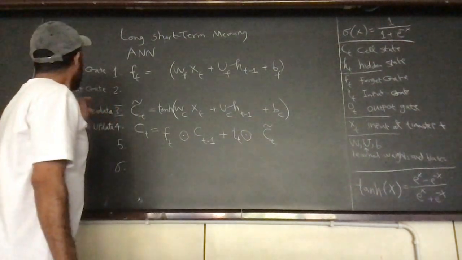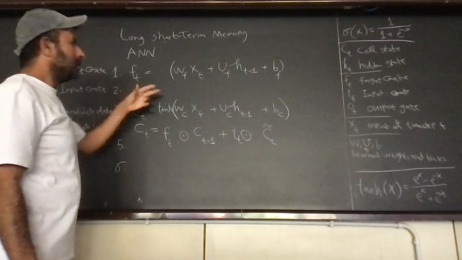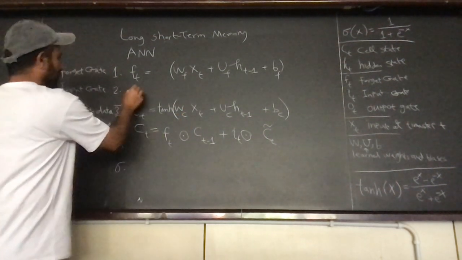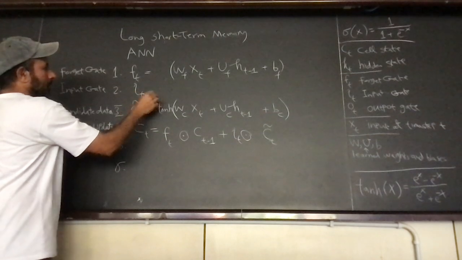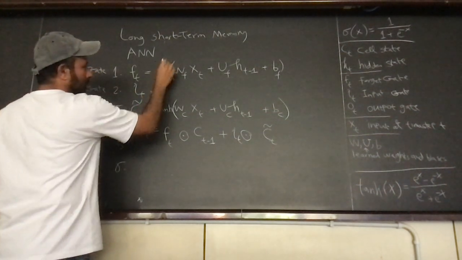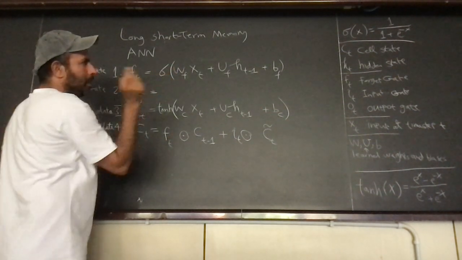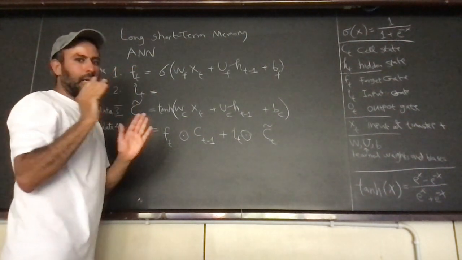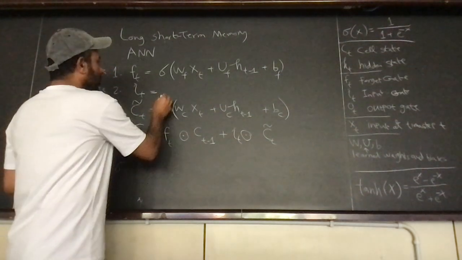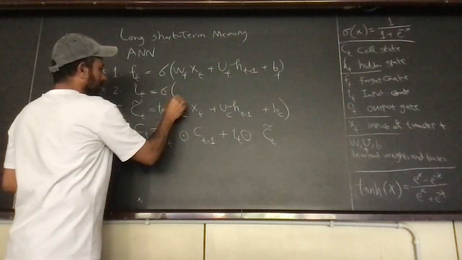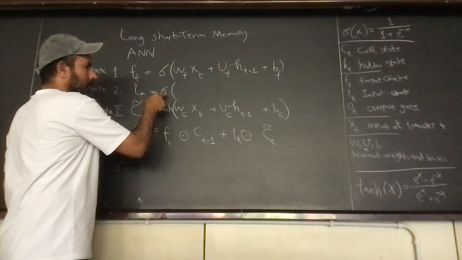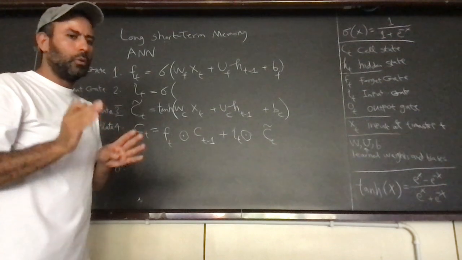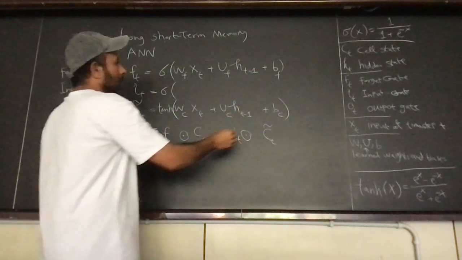Okay. The input gate has the same math structure. So it's i sub t, and of course here we use sigma, which is the activation function, the sigmoid function. We use the same sigmoid function to squash the input into a range between 0 and 1.